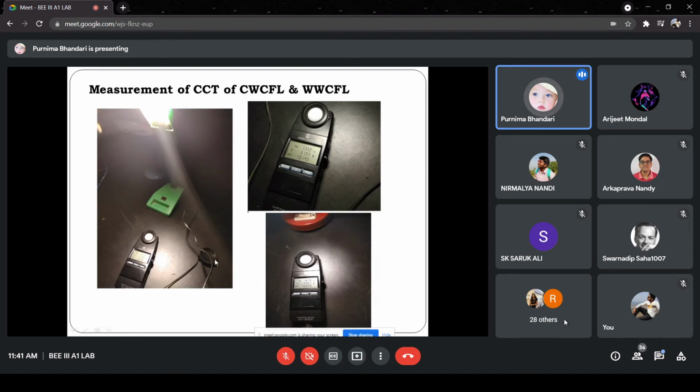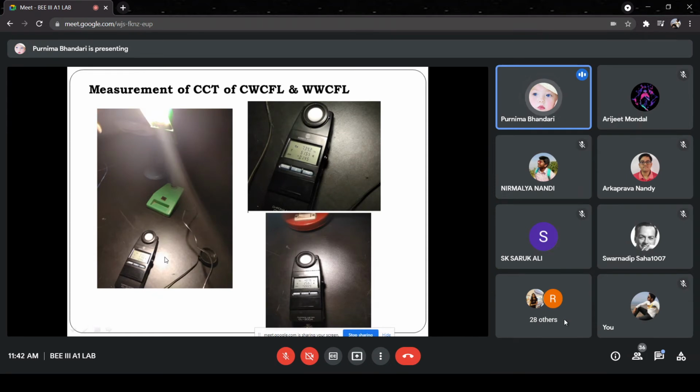You can see a cap here, and we have to put this cap on. Inside the instrument there is some measurement circuit. If you hold for 5 to 6 seconds or 1 minute, the instrument will automatically calibrate and show the 00 reading on the screen. Then we start the measurement.